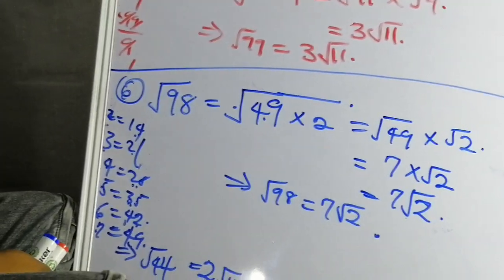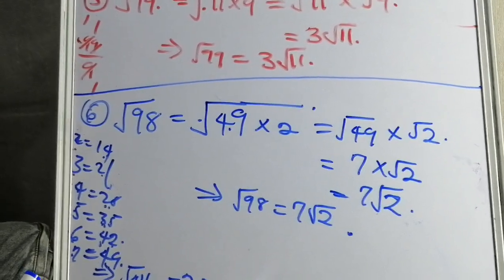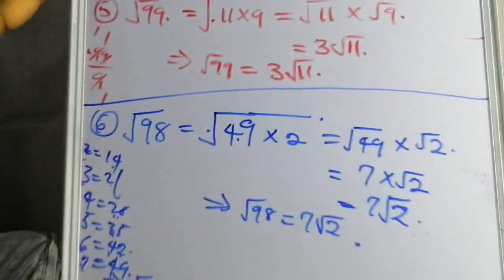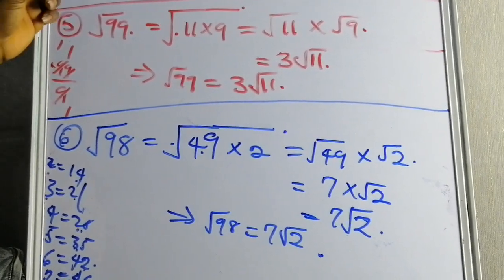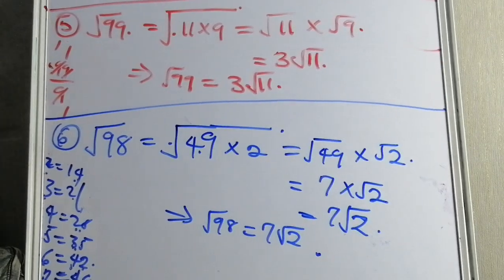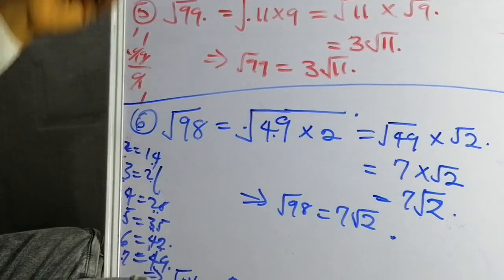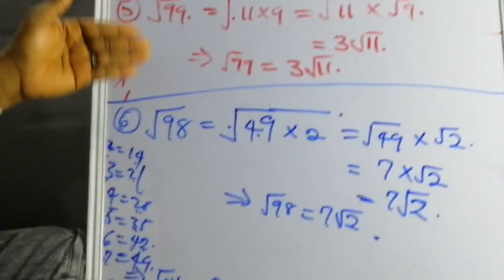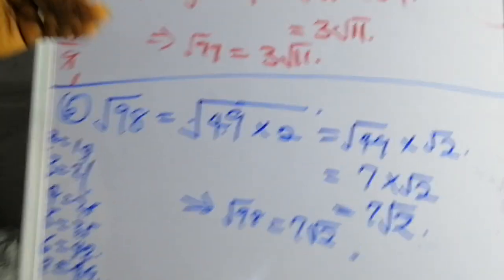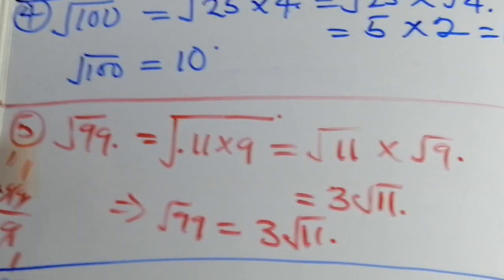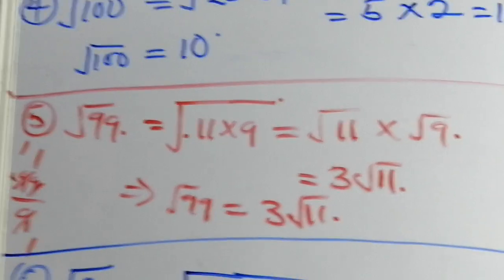You can see that in simplification of surds, the key rule is the one of multiplication of surds, which is the square root of a times b is equal to the square root of a times the square root of b. You can see that this rule keeps surfacing in each of the questions we are solving under simplification.